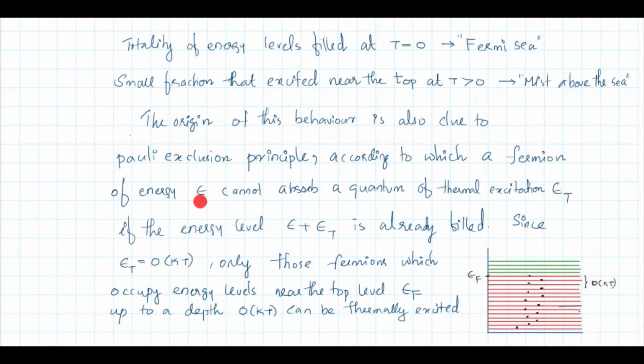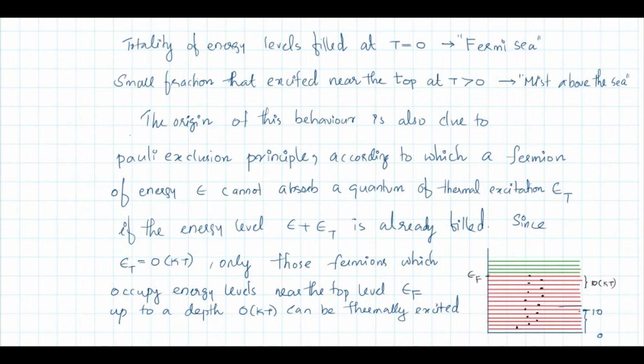Now, the origin of this behavior is also due to the Pauli exclusion principle, according to which a fermion of energy E cannot absorb a quantum of thermal excitation ET if the energy level E plus ET is already filled. What is the meaning? Suppose you have a particle at this point, say this is 10, this is 0.